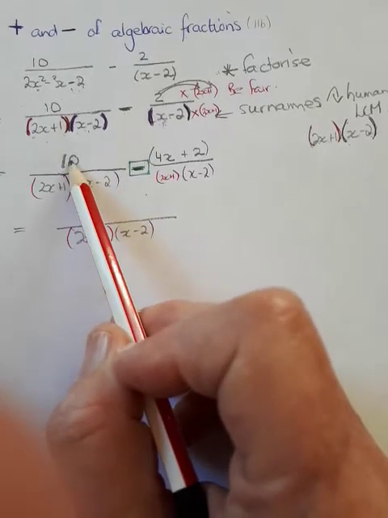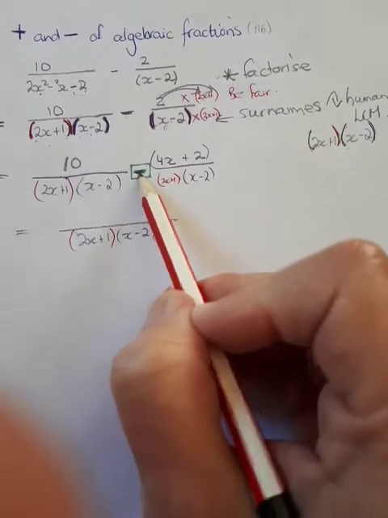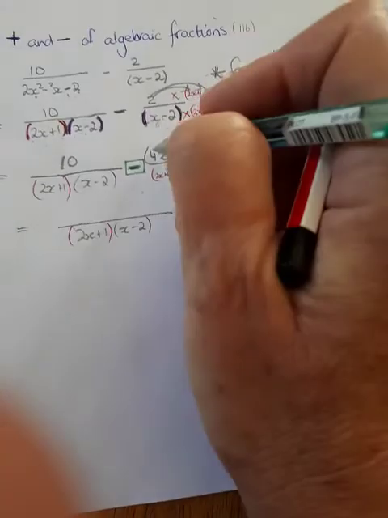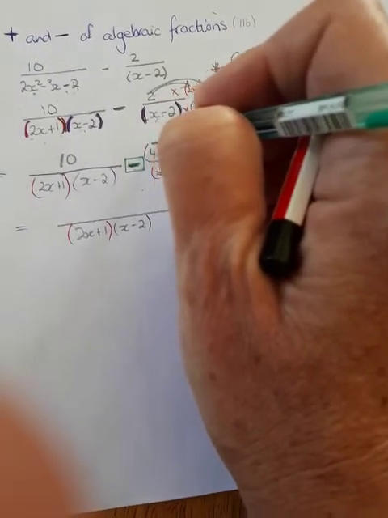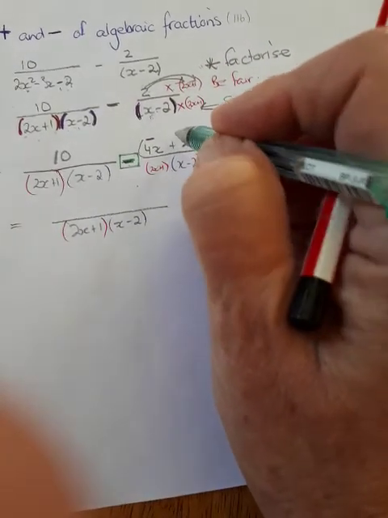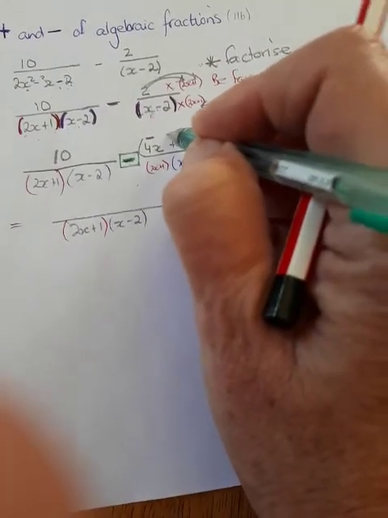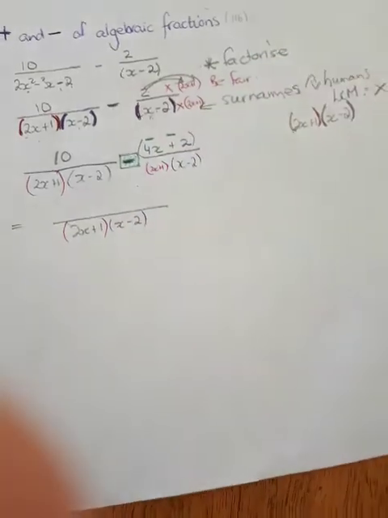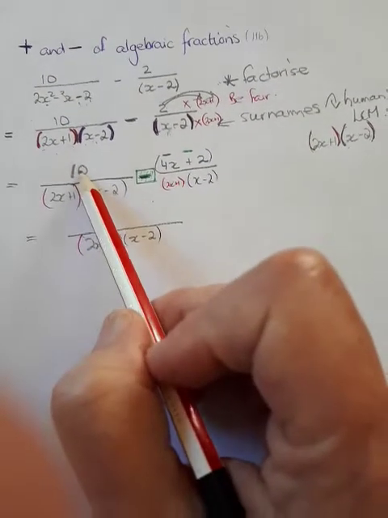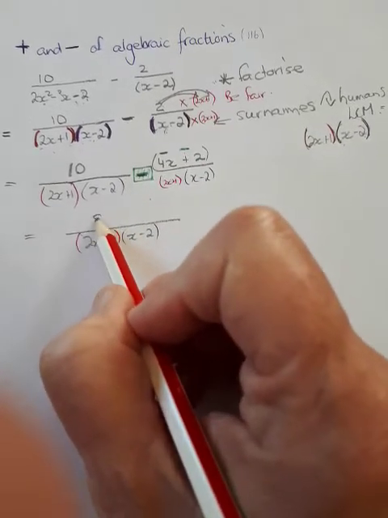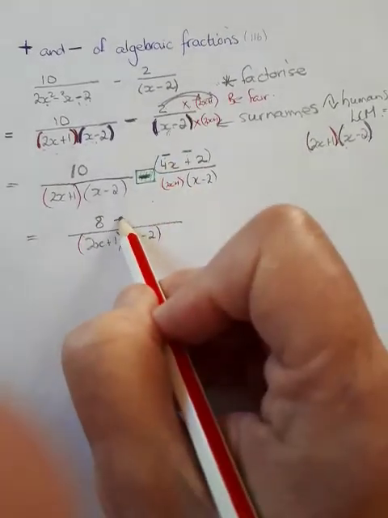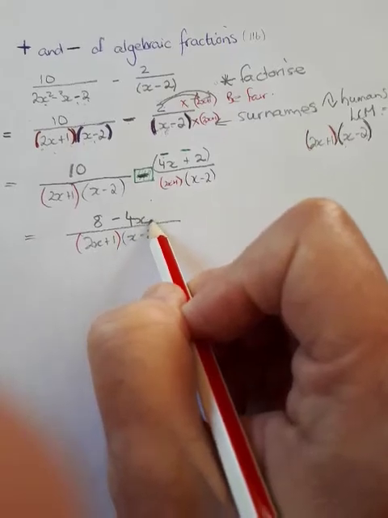Here we've got 10. Remember, there's a minus in front of the bracket which changes the signs. This is a positive 4x, it becomes a negative. This is a positive 2, it becomes a negative. Then 10 minus 2 equals 8, and that is minus 4x.